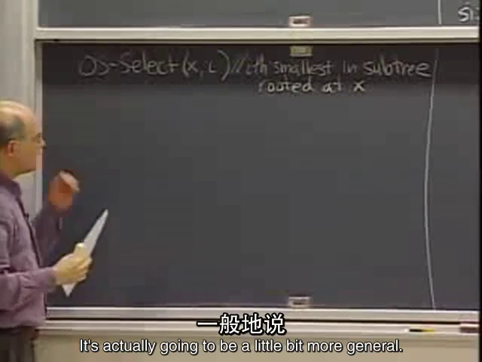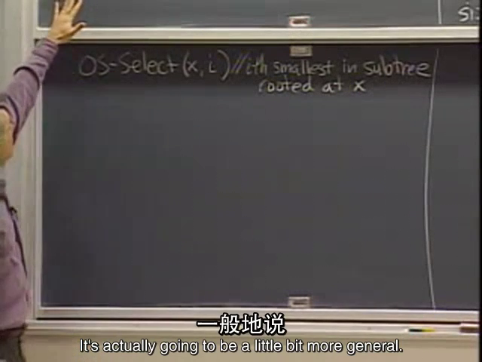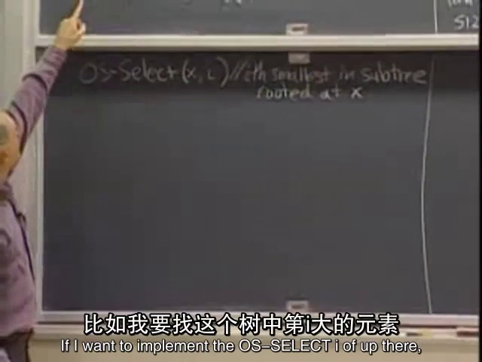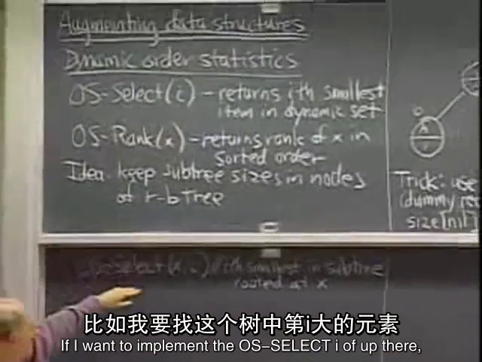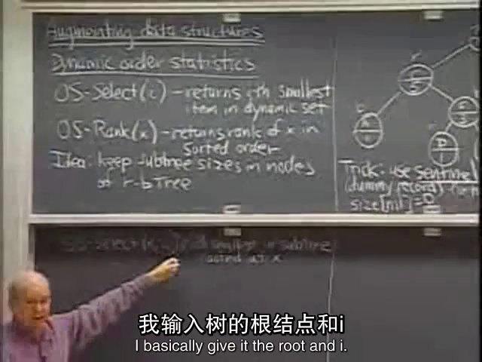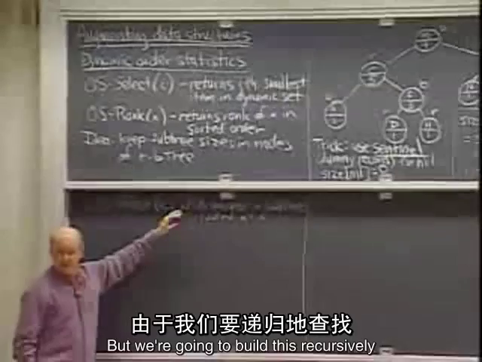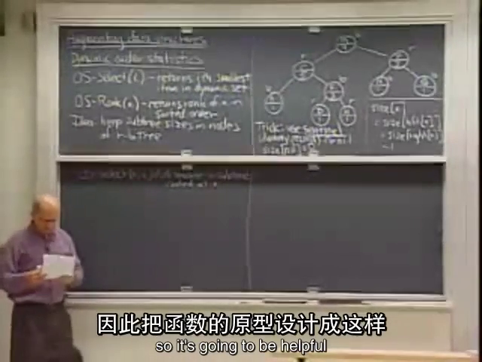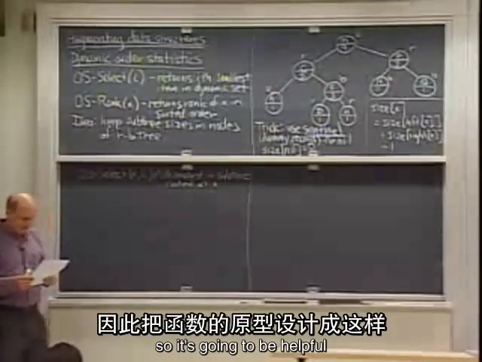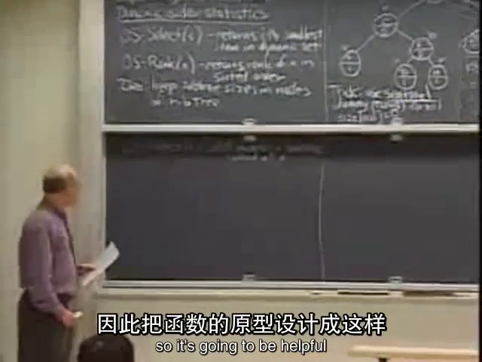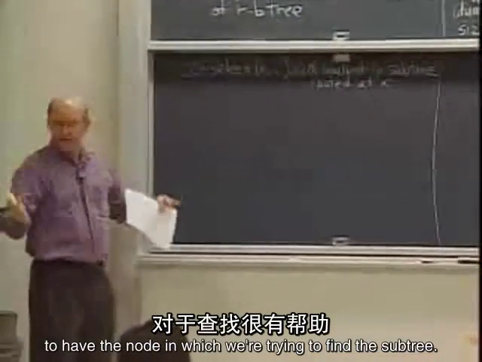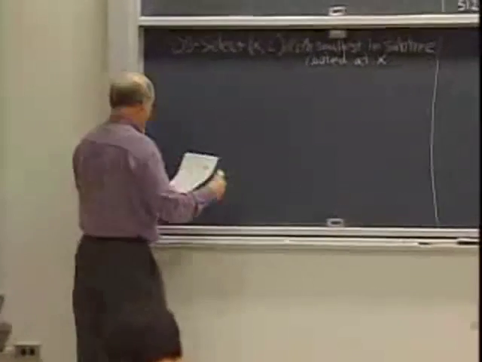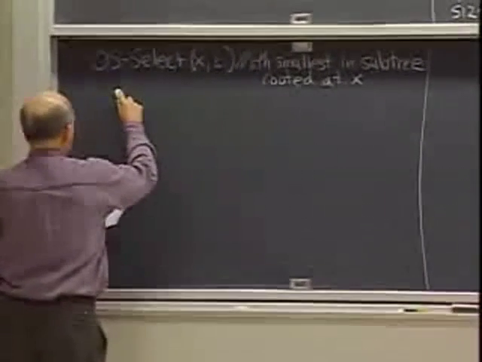So it's actually going to be a little bit more general. If I want to implement the OS select I have up there, I basically give it the root and i. But we're going to build this recursively, so it's going to be helpful to have the node in which we're trying to find the subtree. So here's the code.